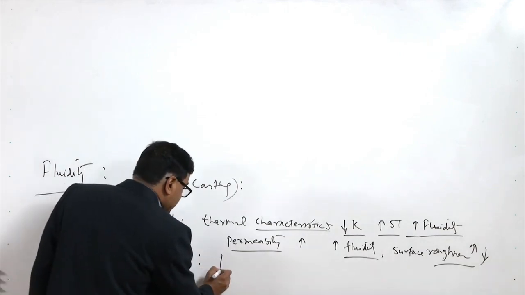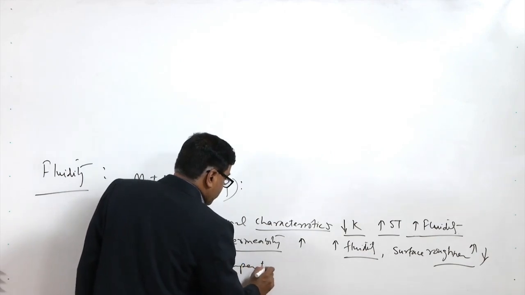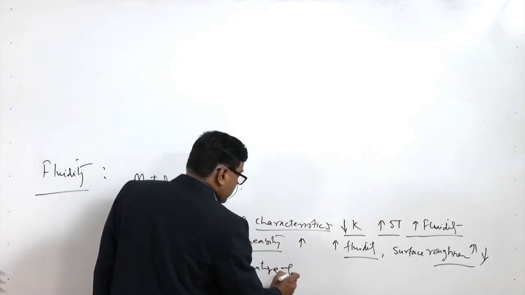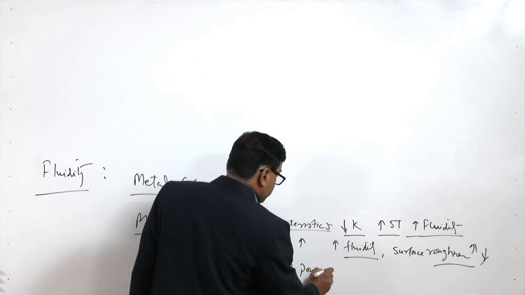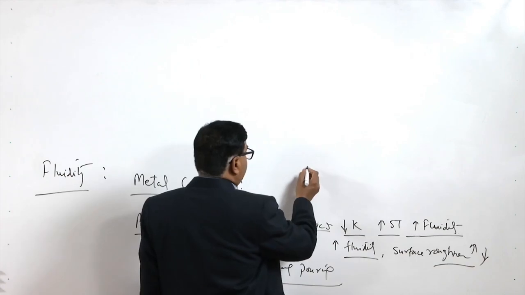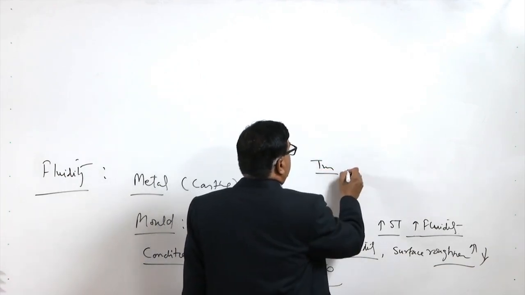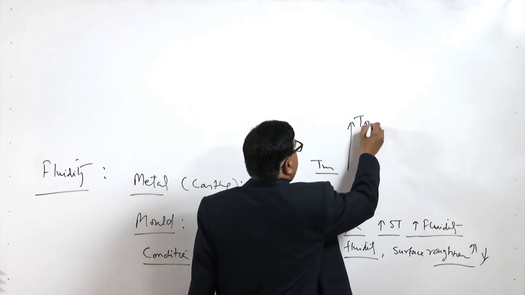Then another property is the condition in which molten metal is poured. So, it is basically the pouring temperature, the temperature at which molten metal is poured. If we see, there is a particular melting point of the metal, so what is the difference at which the pouring is done?